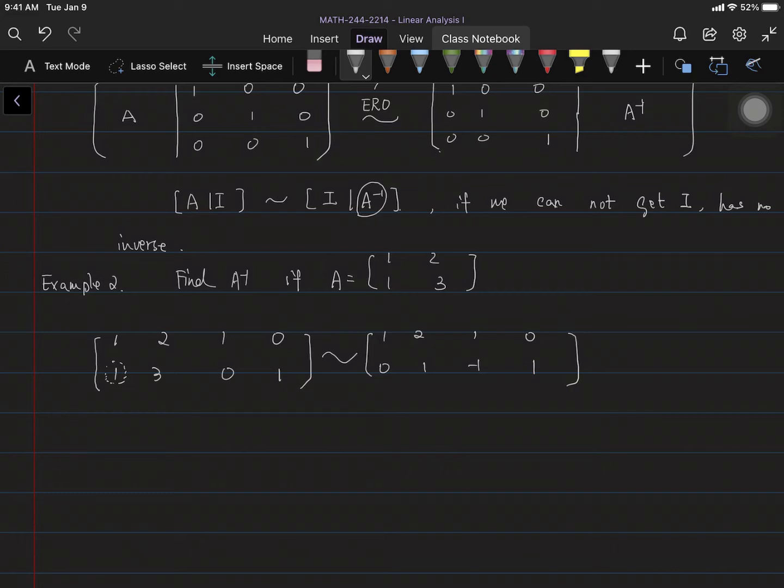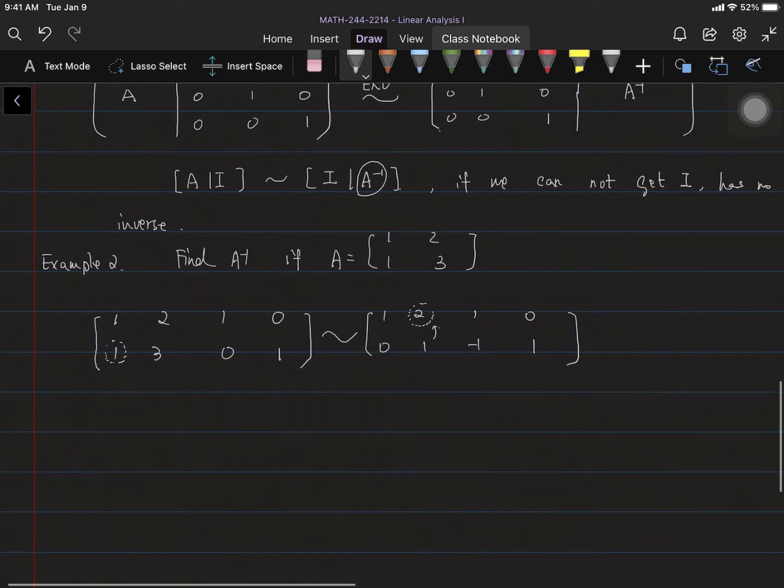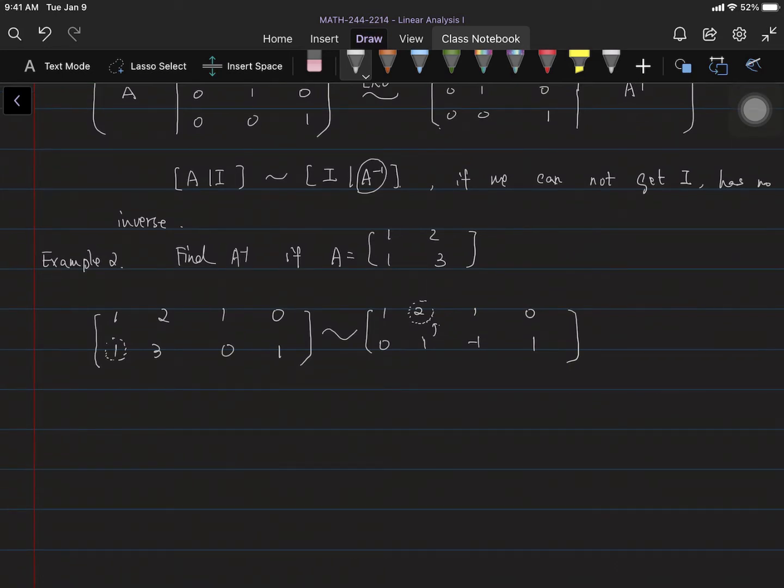First step. Next step, the left side needs to be the identity matrix. That means this number 2 position needs to be 0. So how to make that into 0? Same as before, Gauss-Jordan elimination. So the second row doesn't change now, and use the second row times -2 added to row 1.